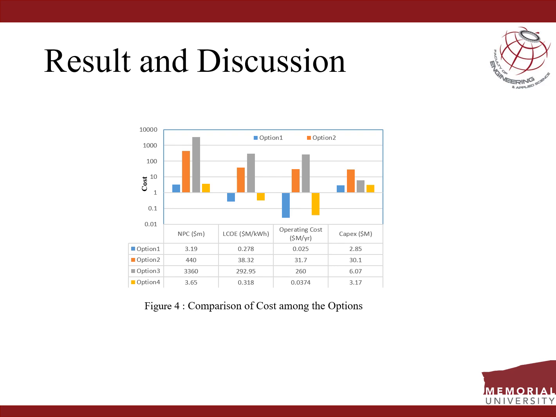And option 4 also has a low overall cost but is slightly higher than option 1 in each category. So it might be suitable for similar applications as option 1, but since it's slightly higher, option 1 may be the best suited combination for our project.